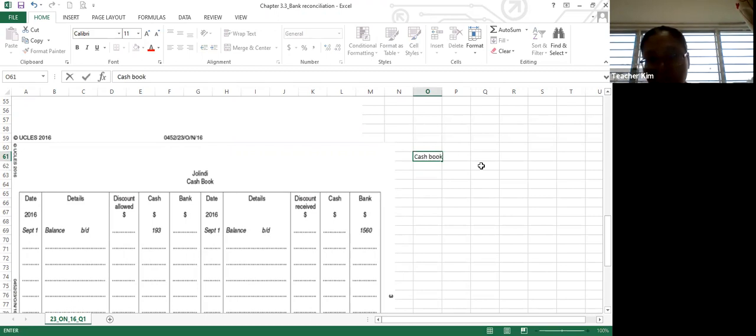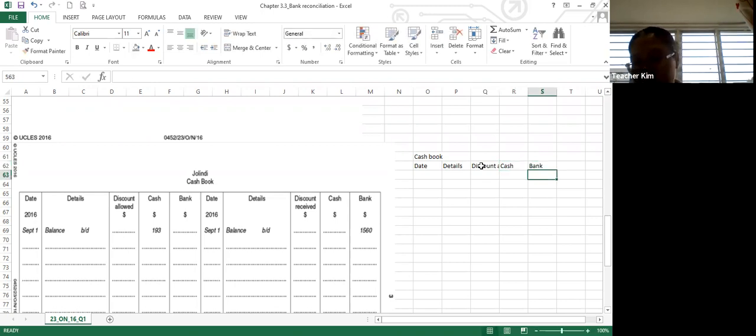They have the date, the details, discount allowed, and then cash and bank. Next, the dollar sign first.